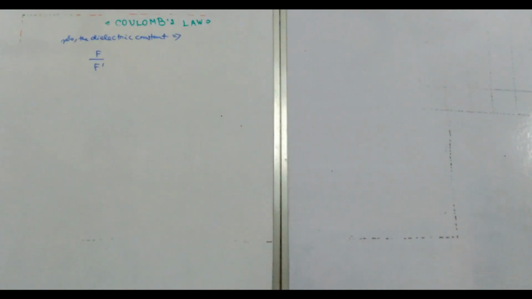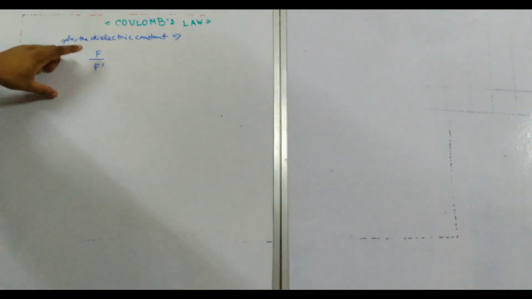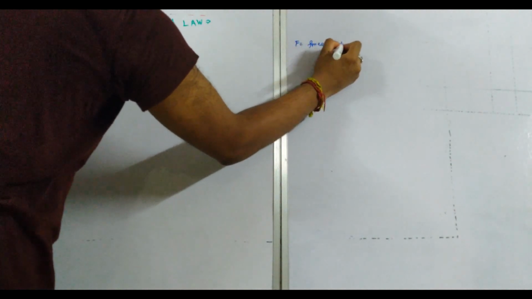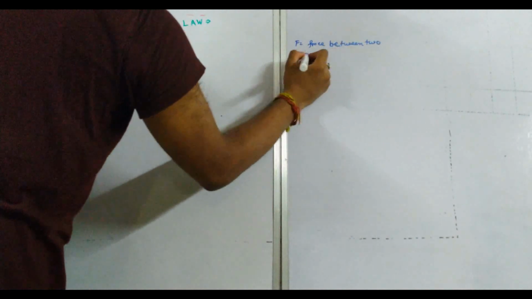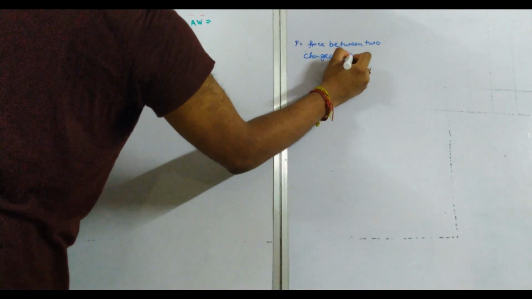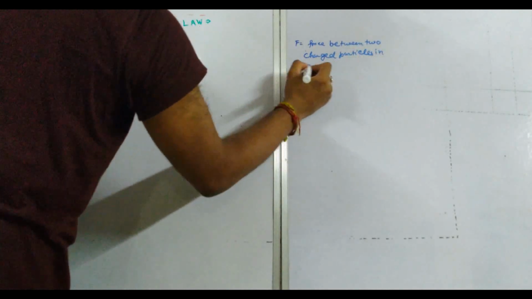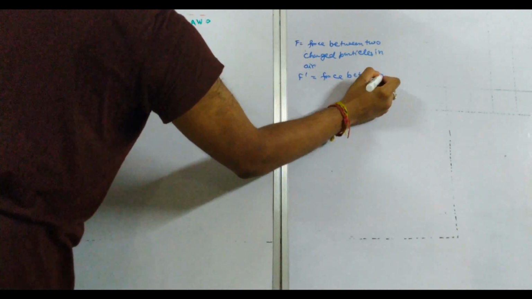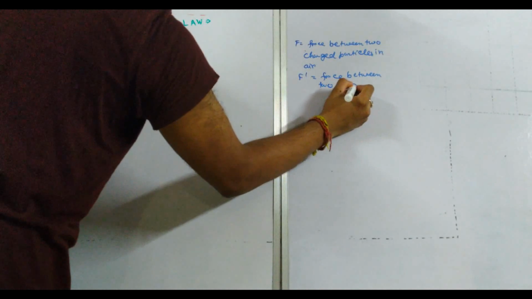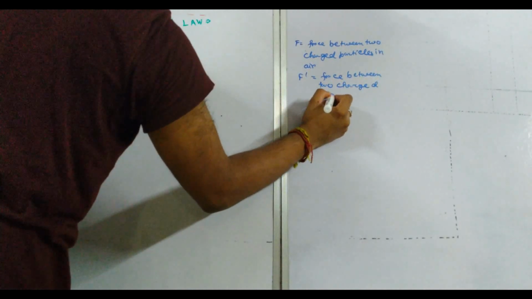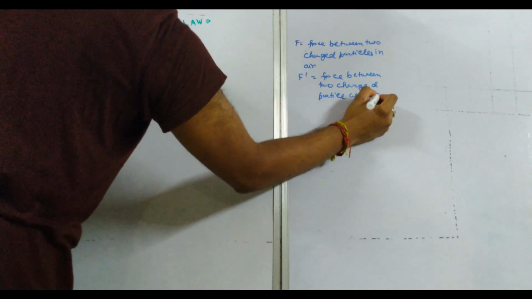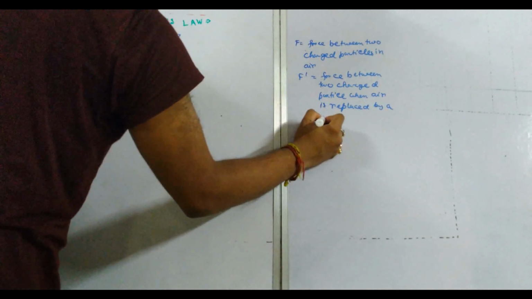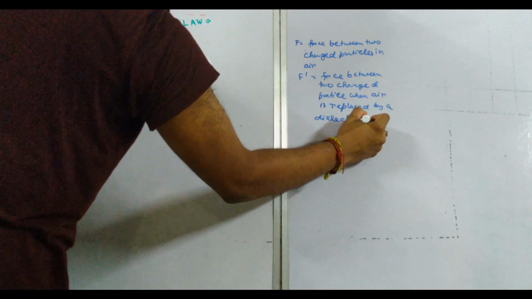The dielectric constant is defined as F by F dash, where F is the force between two charged particles in air, and F dash is the force between two charged particles when air is replaced by a dielectric material.